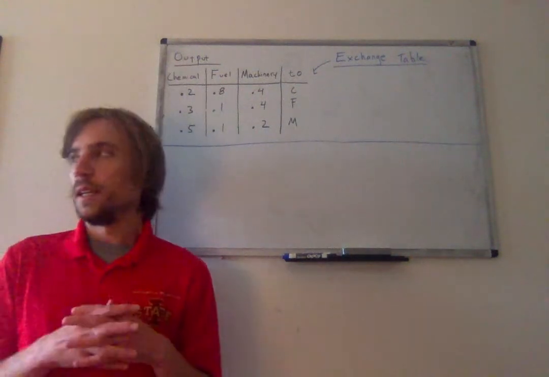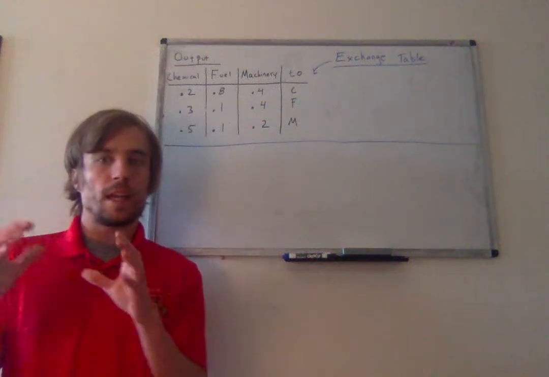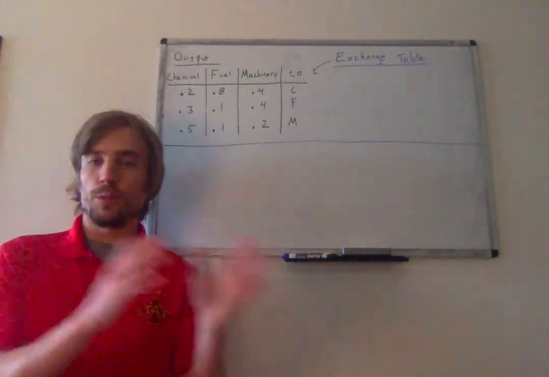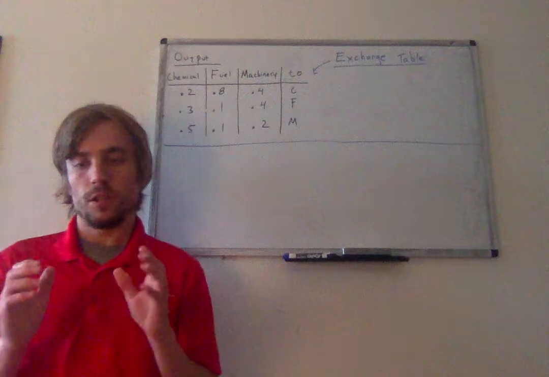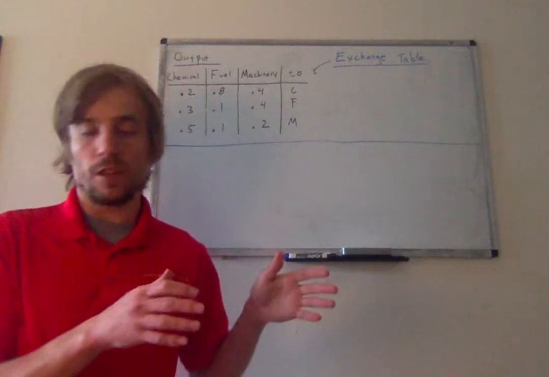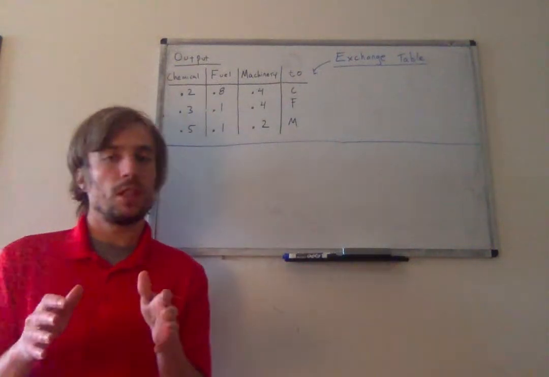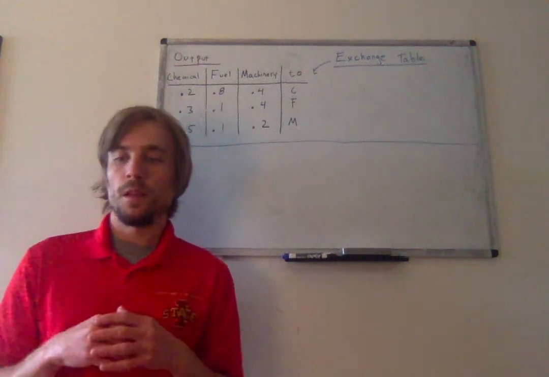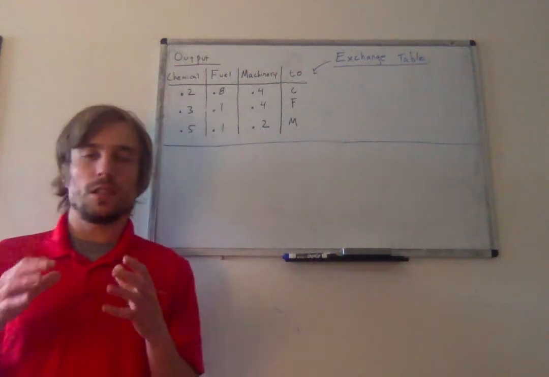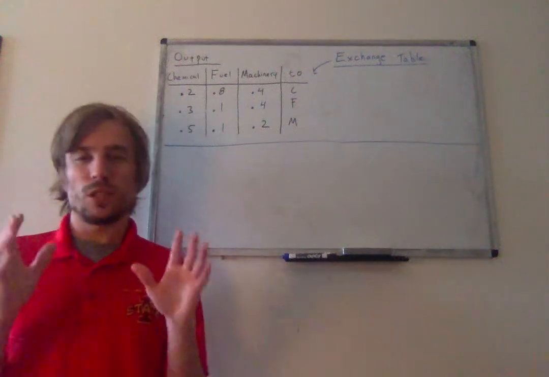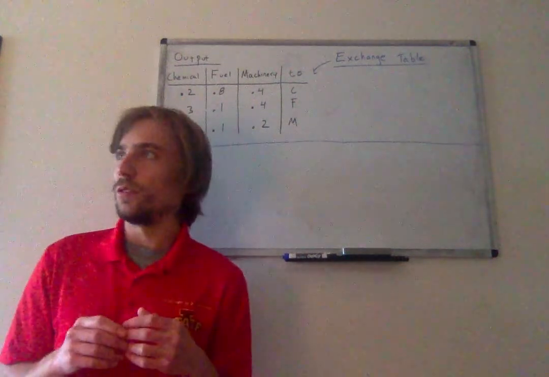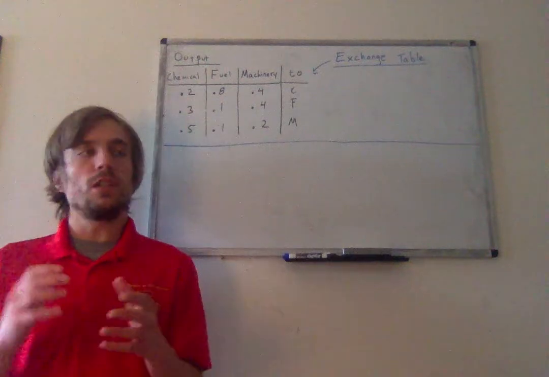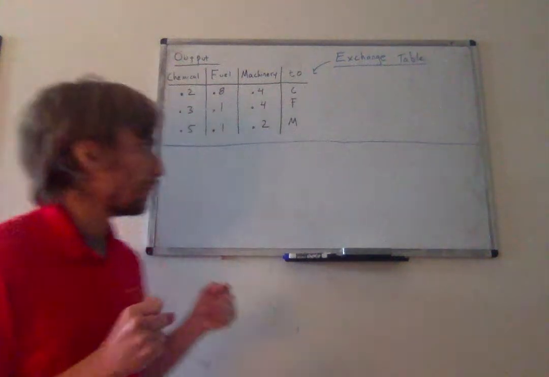And so chemicals is always going to sell 30% of what it makes to fuels, 50% of what it makes to machinery. And of course, that means it keeps 20%. So, thinking about this, 20% of dollars, units, whatever we're going to use to measure what output is representing.